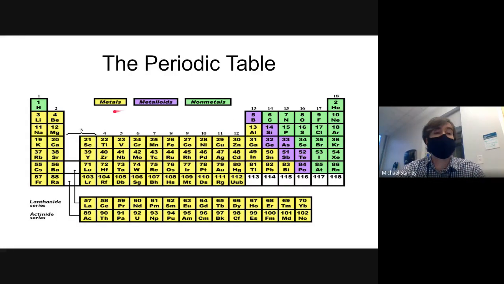So you have some fairly common things like hydrogen, and oxygen is this guy over here. Carbon is pretty important for us right here. Aluminum, like the foil in your kitchen, is this guy right here, as well as some a little bit less common ones, like zinc is this metal right here, and tin is down over here.